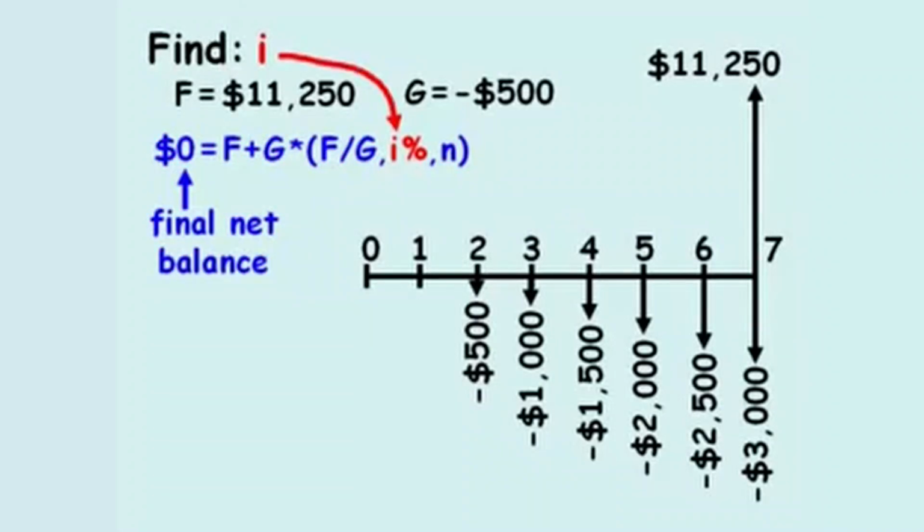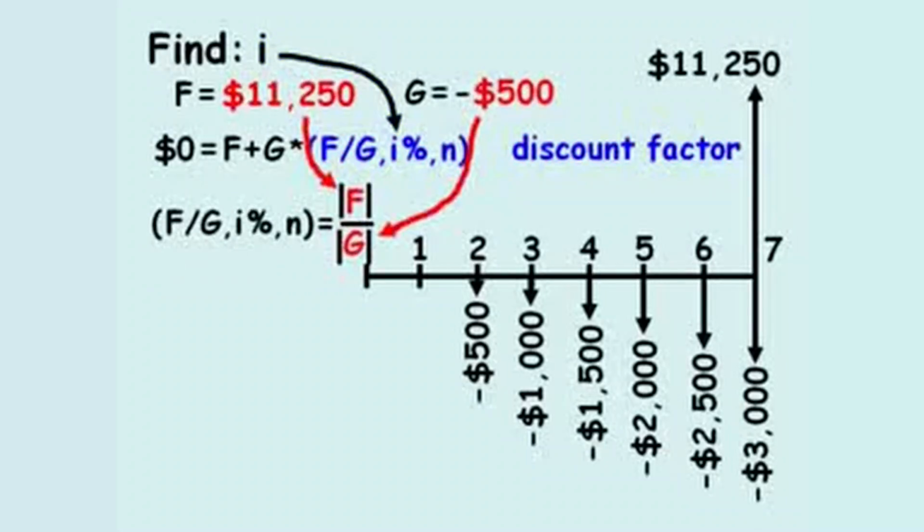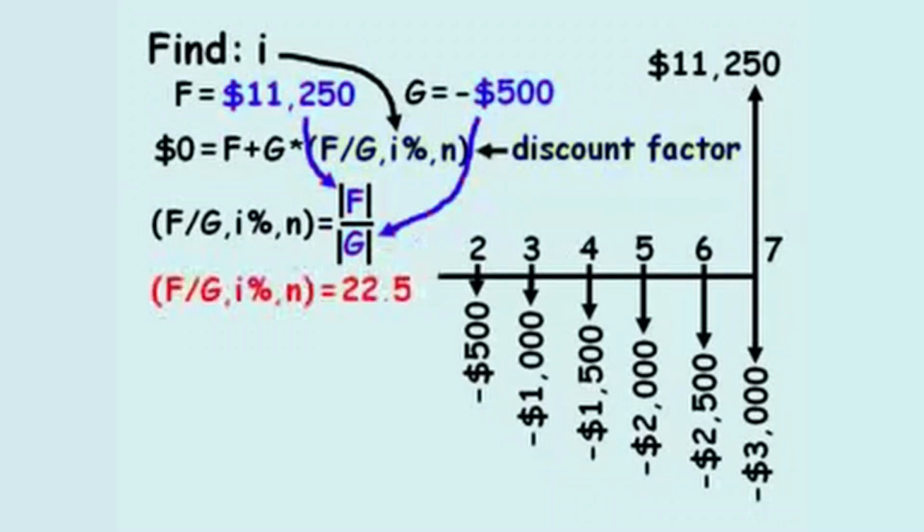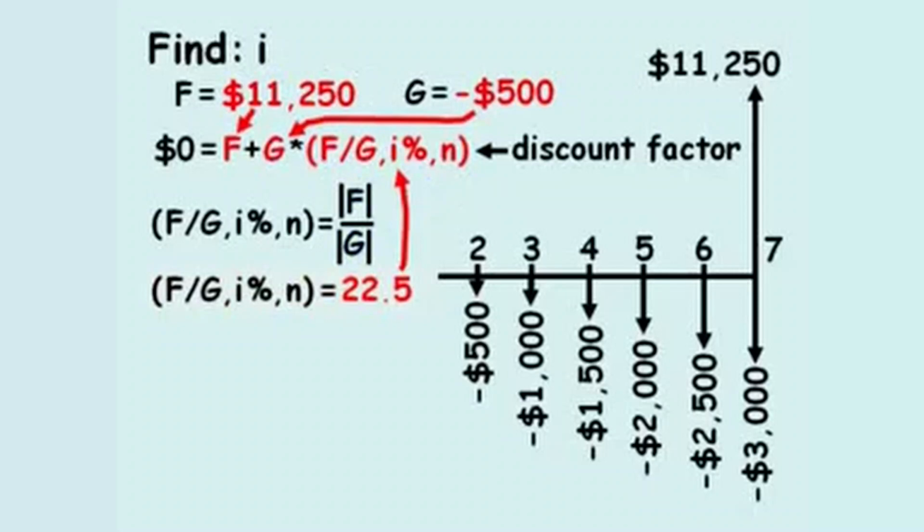Since the rate I we're trying to solve for is buried inside the discount factor, we'll first solve for the discount factor. Since the discount factors are always positive, we'll plug in the absolute values of variables F and G, and the discount factor equals 22.5. This makes sense because variable F is positive, G is negative, and the discount factor must be positive.